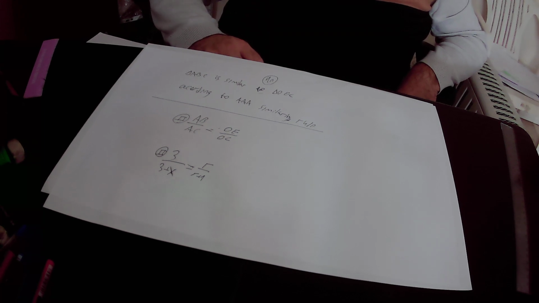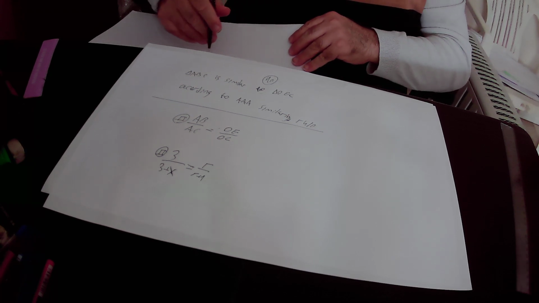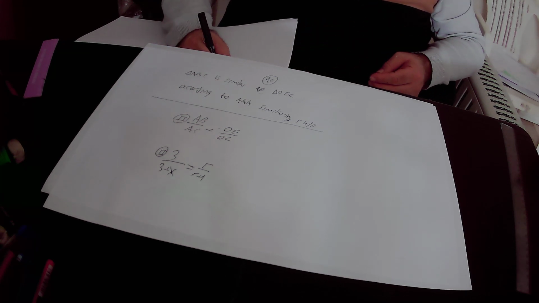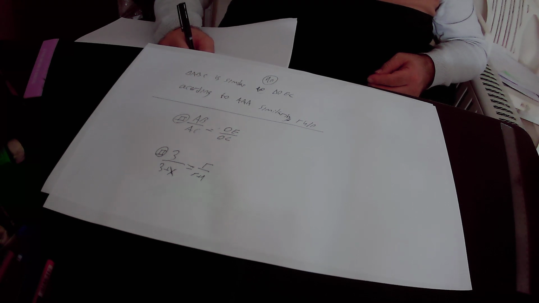Here we cross multiply equation number 2, and we will get that 3 times R plus 1 equals R times 3 plus x.